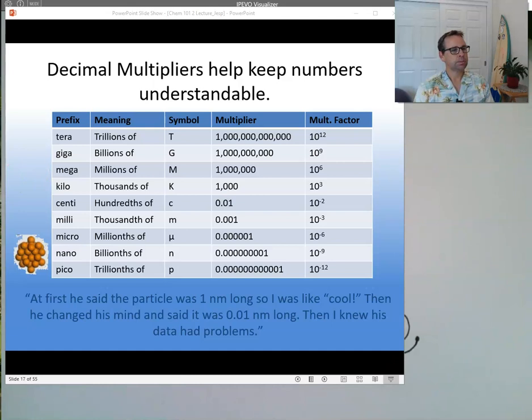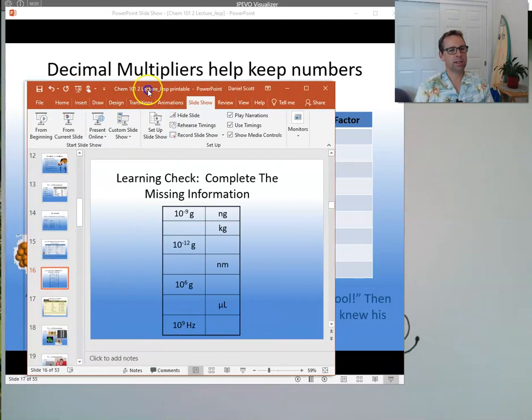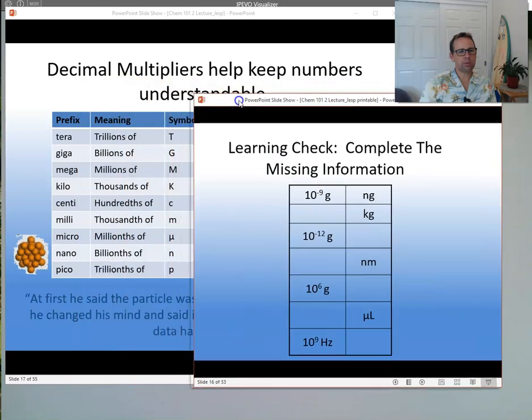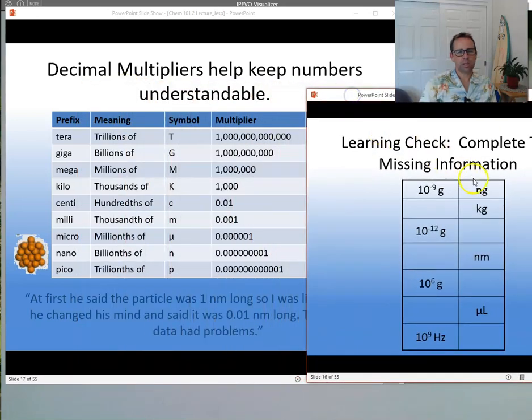So, we're going to look at this slide here and try to figure out how to fill in this table with the missing information. So an example of how we're going to do this: on the right side it says nanogram, and so on the left side we have to describe a nanogram in terms of grams. So it's 10 to the minus 9th grams for every nanogram.